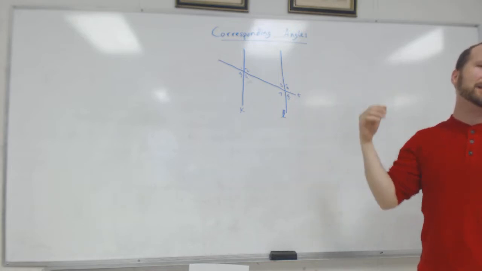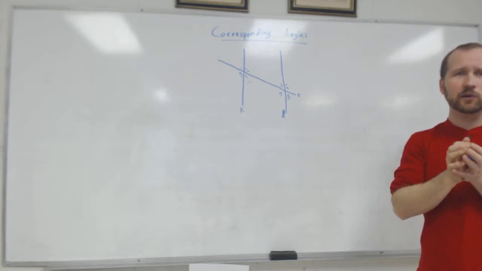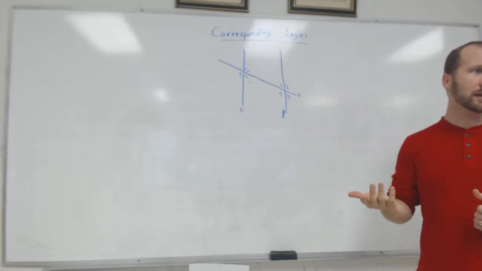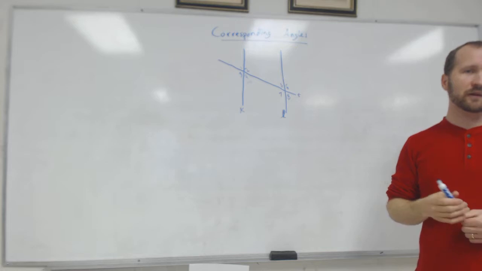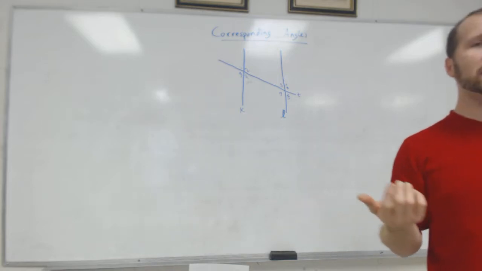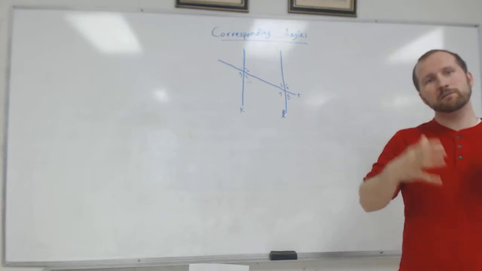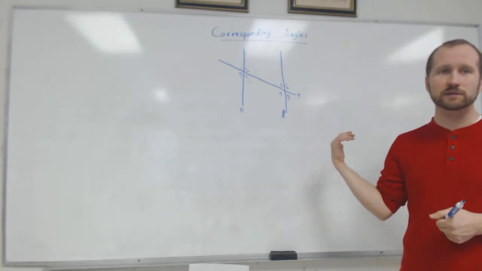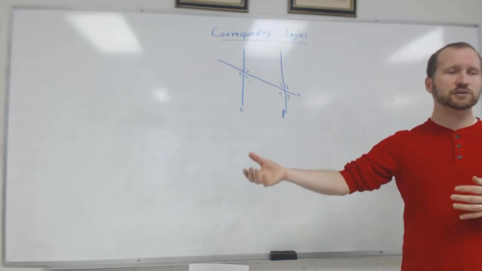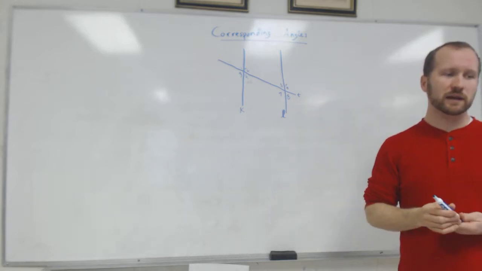But the idea behind geometry and proofs is that we have to start really simply in order to build up to things that are more complicated. What we're building up to is triangles. Eventually, we're going to prove some different things about triangles, which does have a lot of applications. But we can't prove much about a triangle until we know some basic things about different types of angles. So we're building up some basic theorems and postulates around angles that we can then use to prove things about triangles.